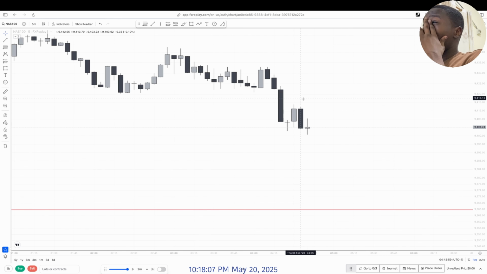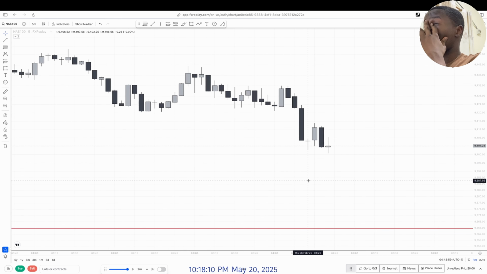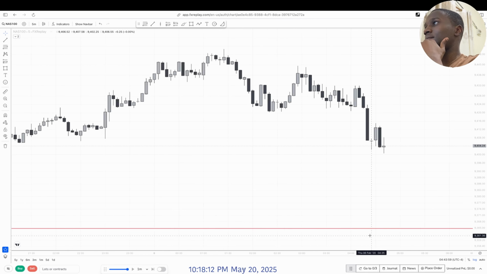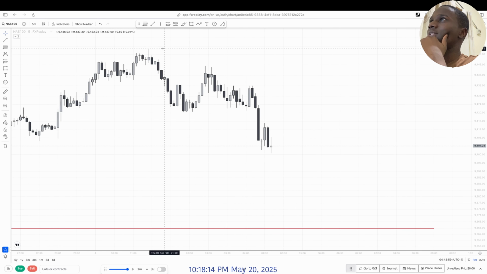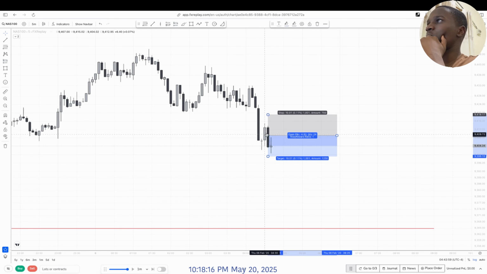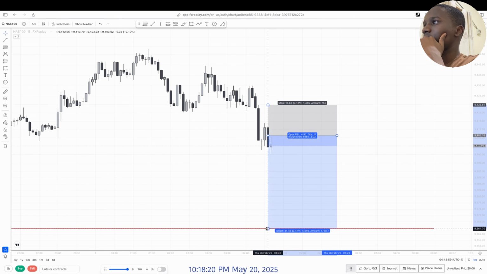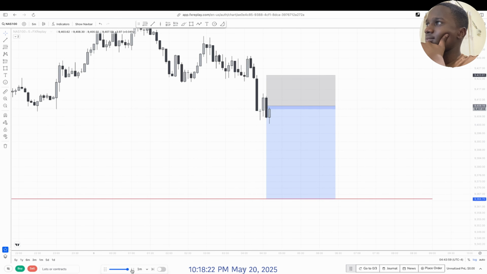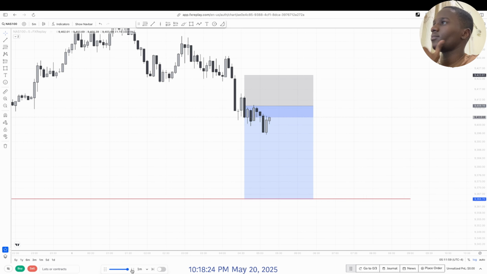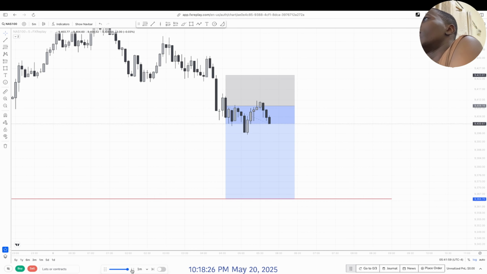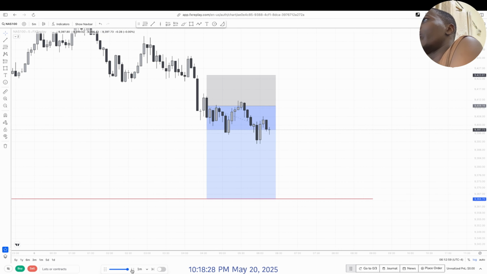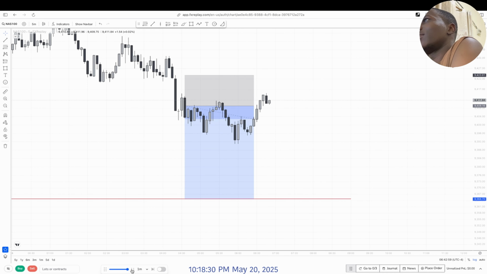Fair value gap retest. We are still in New York, which means there is a bit of manipulation, but why not take the risk and see if it works during the New York session? Liquidity point hasn't been touched.